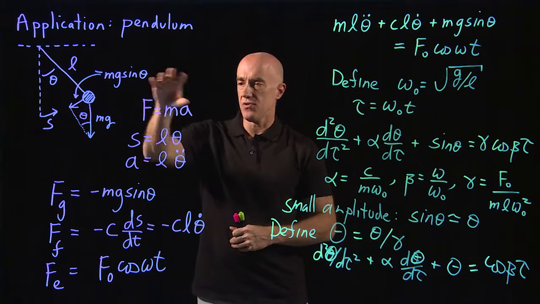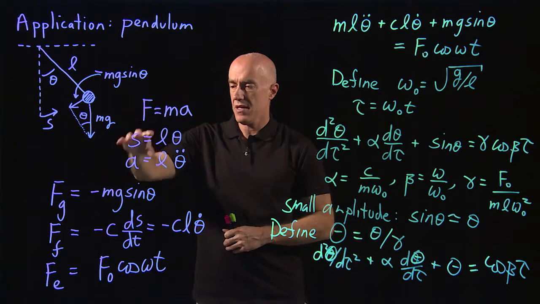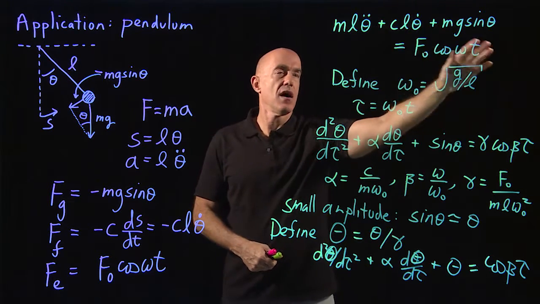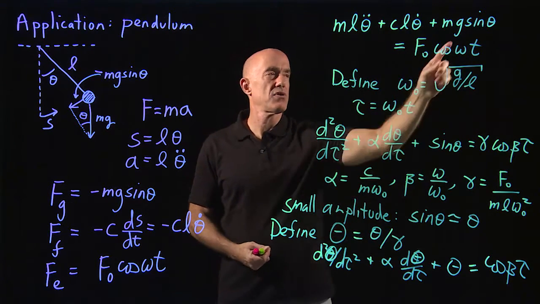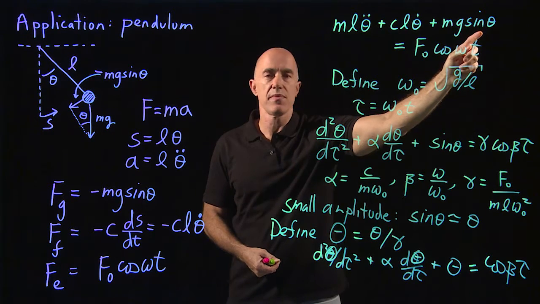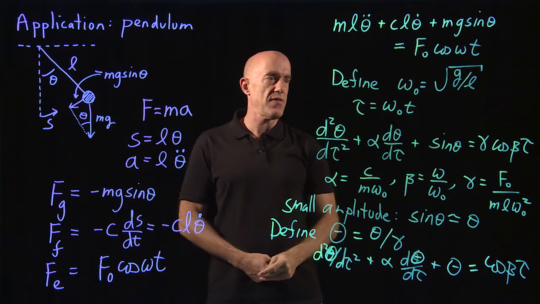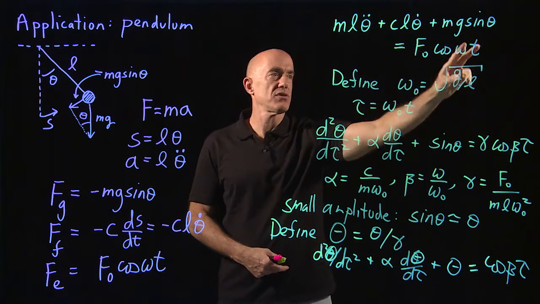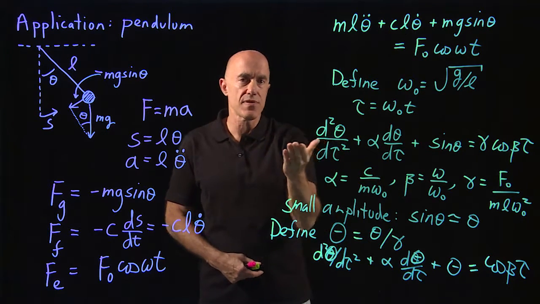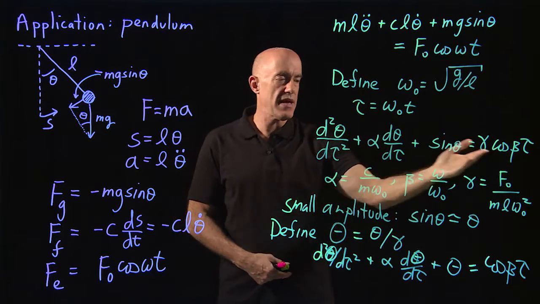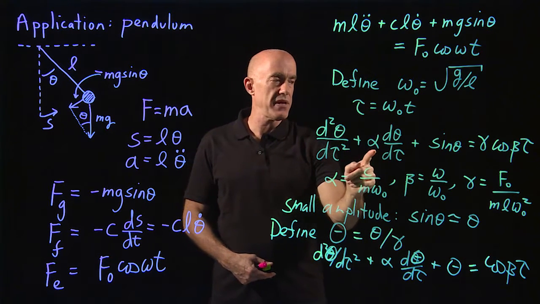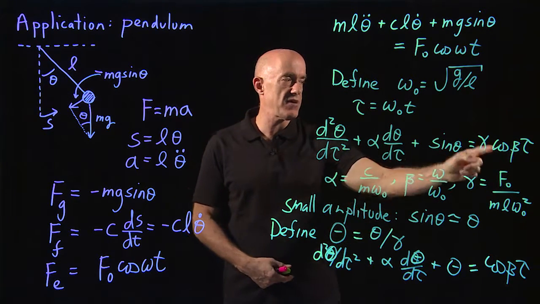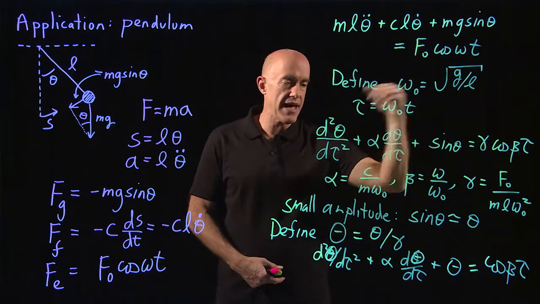If we construct Newton's equation, F equals ma, and add all the forces, we get this equation, which is a nonlinear equation, because instead of the usual linear term here, theta, it's actually a sine theta. Because it's a nonlinear equation, you can non-dimensionalize time, and you end up with this dimensionless equation that has three parameters: the damping, the forcing amplitude, and the forcing frequency, alpha, gamma, and beta.